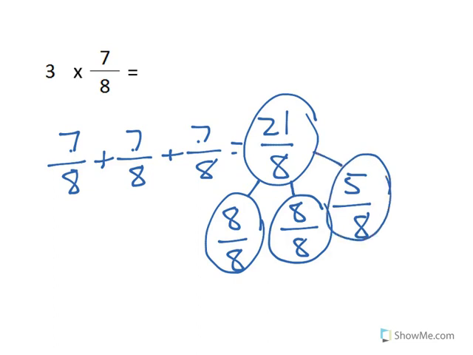So 8/8 plus 8/8 plus 5/8 equals 21/8. I know that these two fractions, 8/8 and 8/8, are equal to 1 whole each, so they're going to be 2 whole. And I have 5/8 left over.